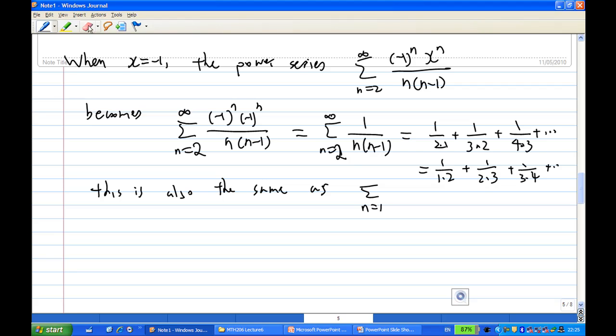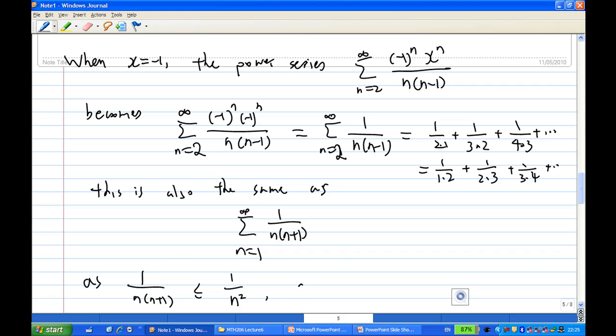So you can write it as the summation from n equal 1 to infinity of 1 over n times n plus 1. And we know that n times n plus 1 is greater than or equal to n squared.